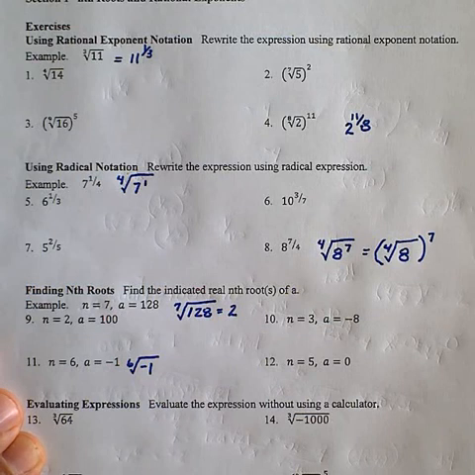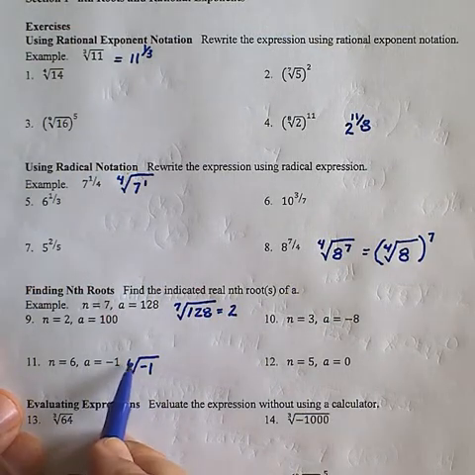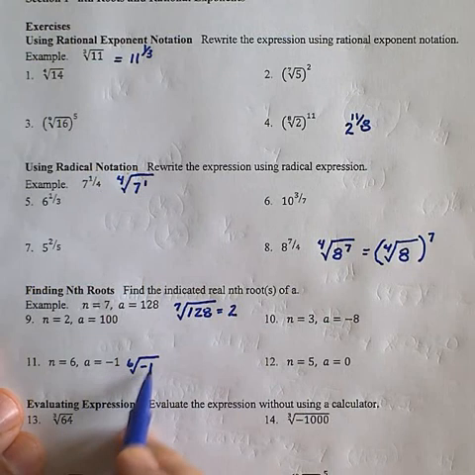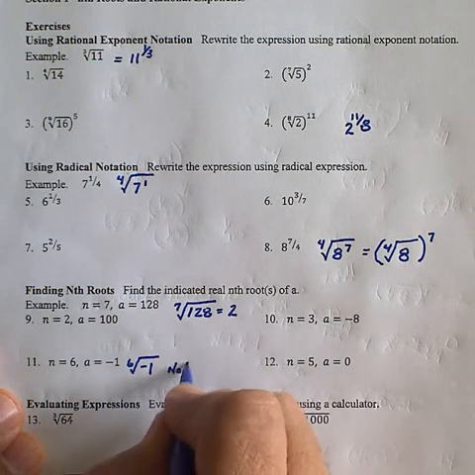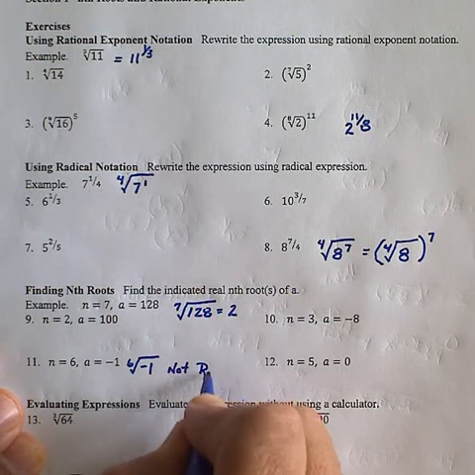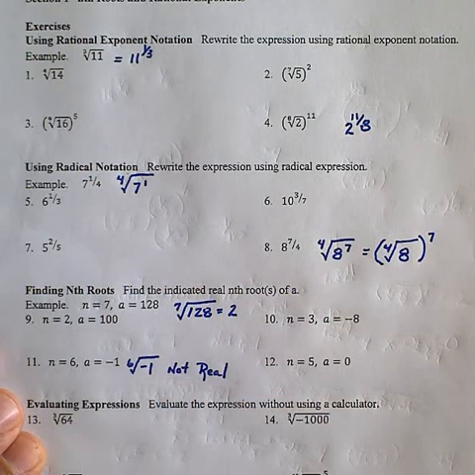So since I'm trying to take an even index and a negative radicand, I would say that my answer here is not real. Number 10 also has a negative radicand, but the index is odd, so you can get an answer on number 10.